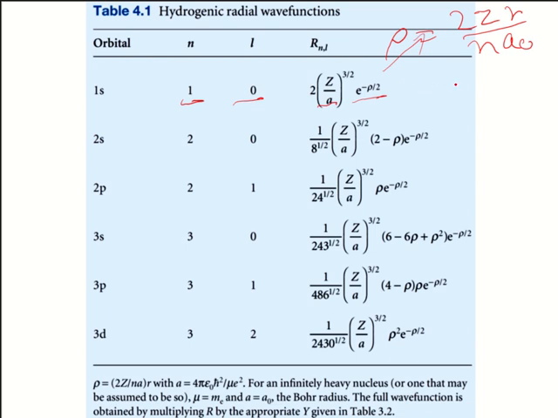So the function is a constant term times e to the power of minus 2Zr by n a naught. As a function of r, n is 1, so simple a naught, 2Z by a naught times r, this is how the variation comes.